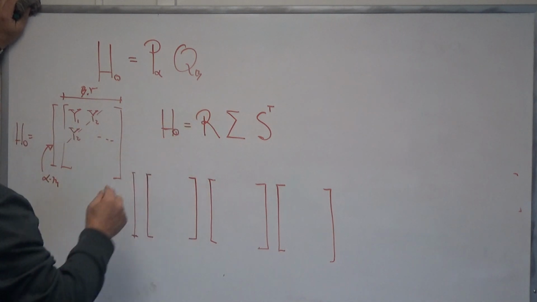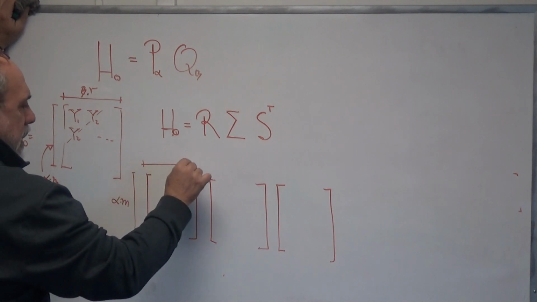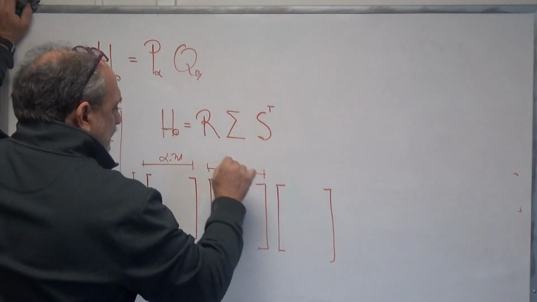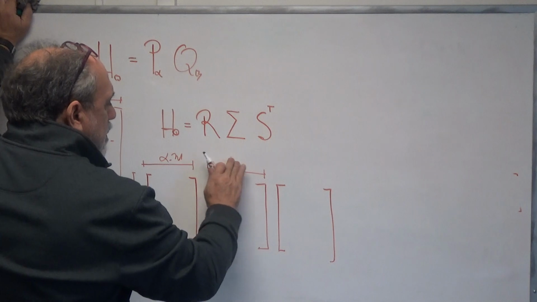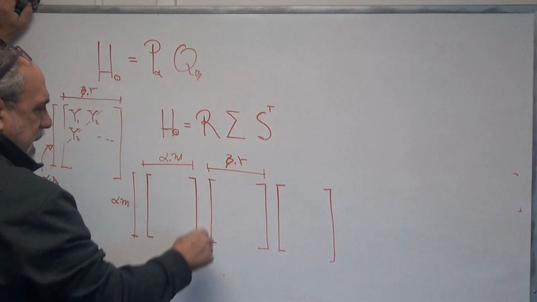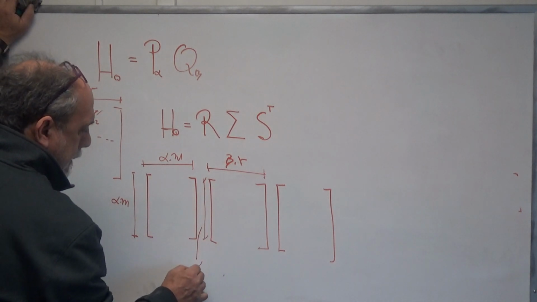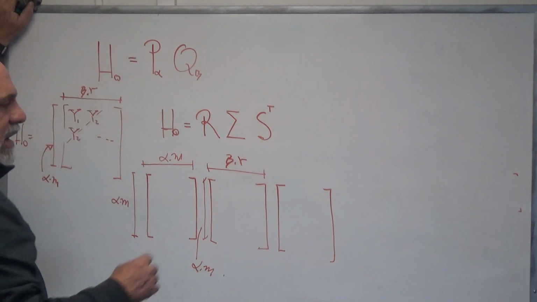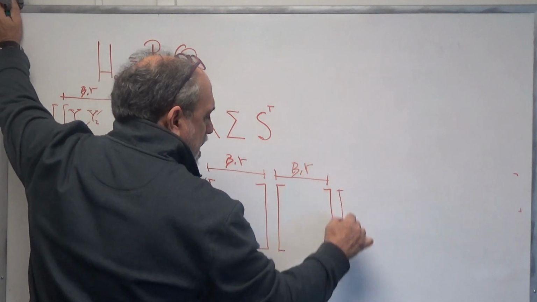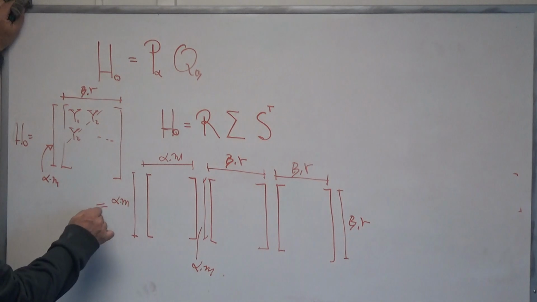Therefore, the first matrix in the singular value decomposition is an alpha times M by alpha times M matrix. This one is an alpha times M by beta times R matrix, and this matrix here is a beta times R by beta times R matrix, right?